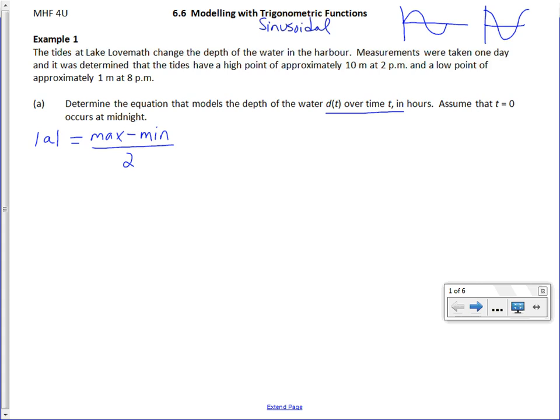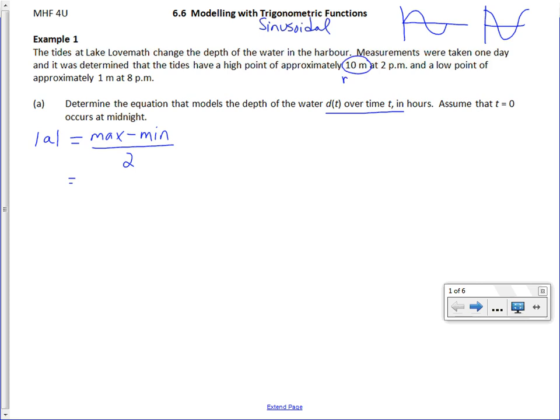For amplitude, for A, you want minus. You want the distance. Remember, distance is subtracting. Final minus initial gives you distance. You want to take the full distance between max and min and then divide by 2. That's half the distance. That's your amplitude. So max minus min over 2. In the question, what is the maximum depth? 10.